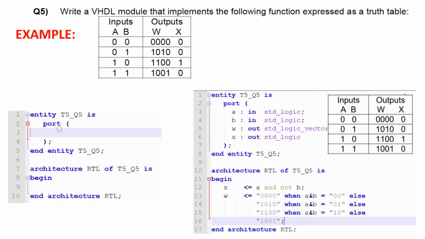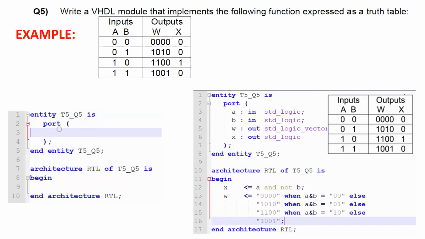And the next one is "1010", so W is "1010" when AB equals "01", and "1100" when A and B equals "10". And for the last one, you don't need to write the condition, so you can write else, that will be "1001". End architecture.